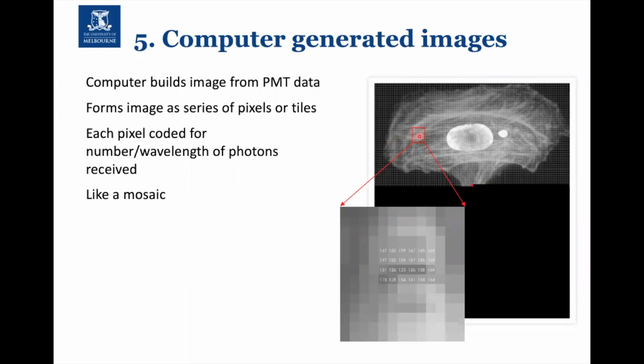This small part of the image could be an Excel spreadsheet with intensity values on it. Each pixel is coded for the intensity and also the wavelength of the photons that have been received. We'll cover this on Thursday as well: although it's generating an image, it's essentially a spreadsheet of numbers, so it becomes scientific data.